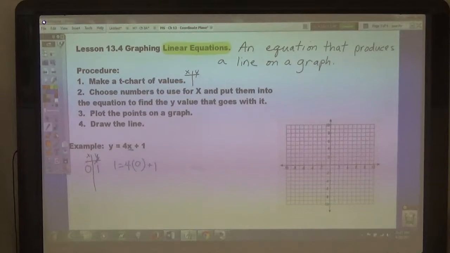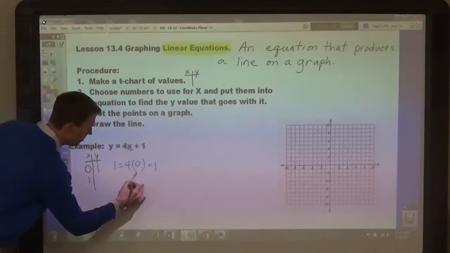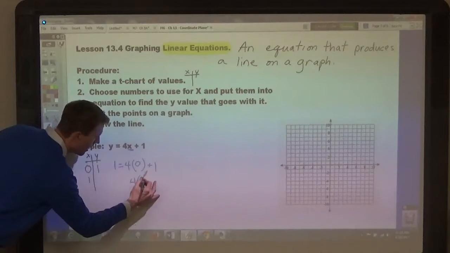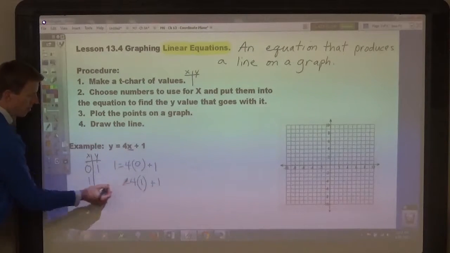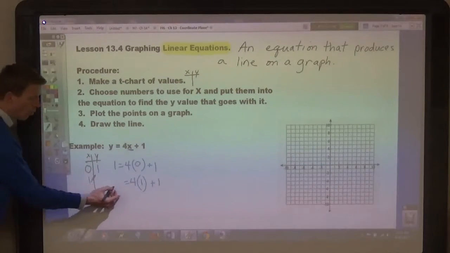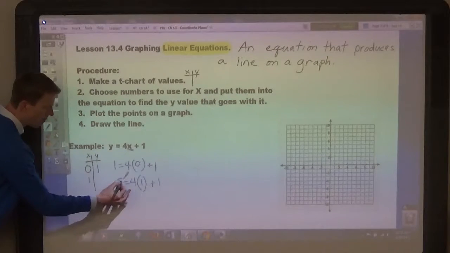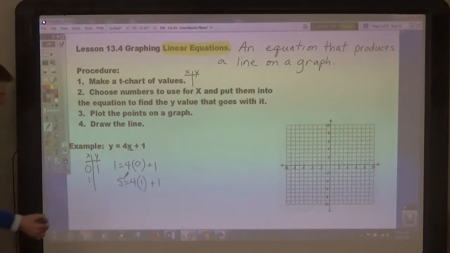Pick another one that's easy to work with. 1 is an easy number to work with. 4 times 1 plus 1. So when x is 1, y is 5. You're getting this.